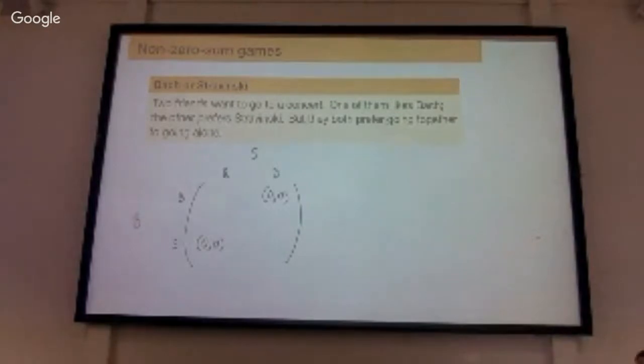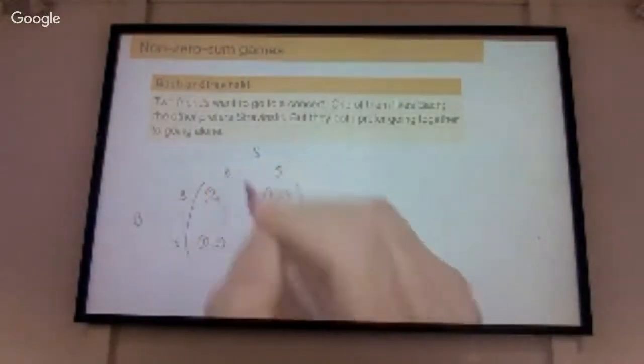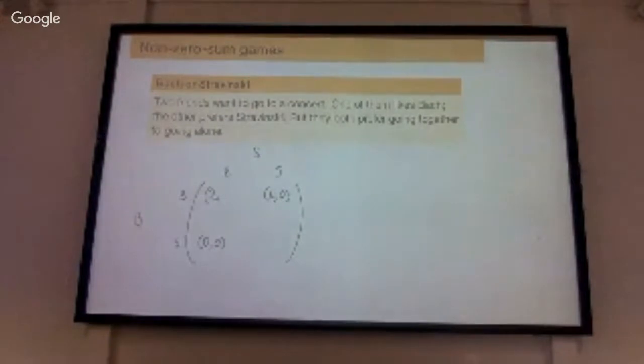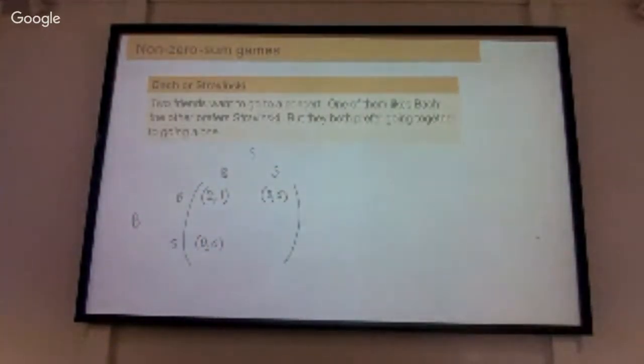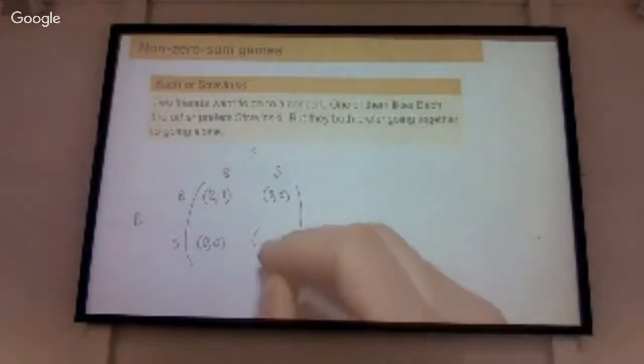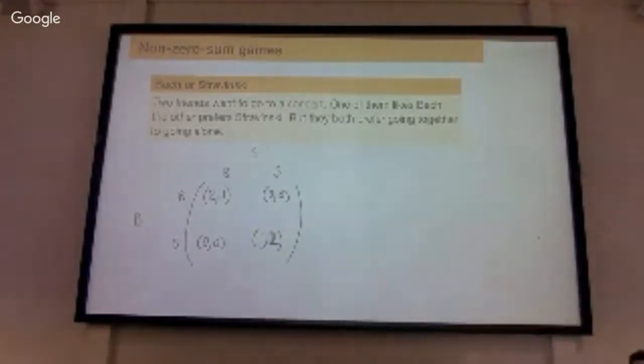They're not going to enjoy themselves very much. And the Bach player is really, really happy, and the Stravinsky player is somewhat happier than before. And if they go to see Stravinsky, the Bach player is somewhat happier than before, and the Stravinsky player is really happy.